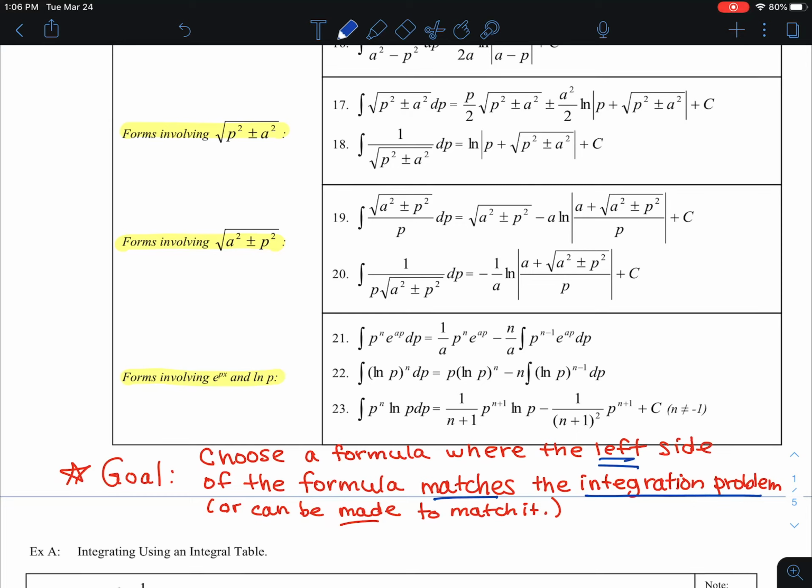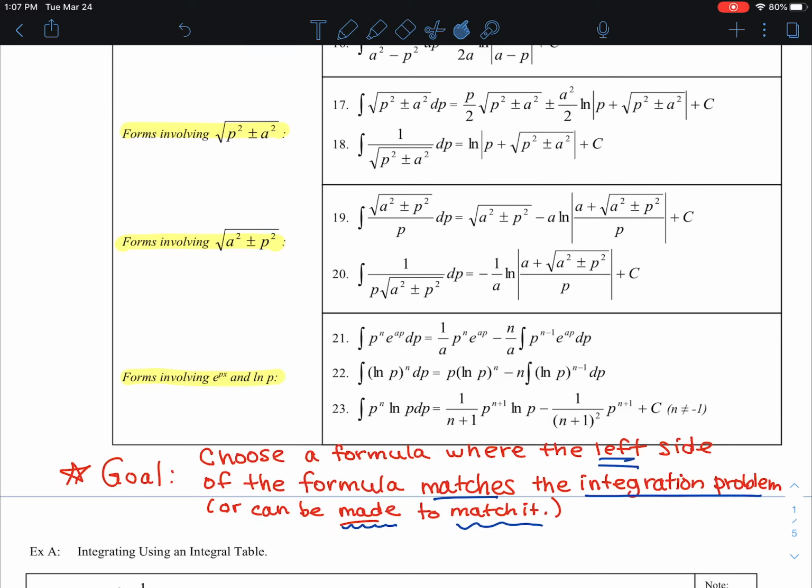And for the problems we're going to look at today, I think it's going to be pretty easy to find which formula matches your integration problem. It will progressively get more difficult in later lessons, where if it's not a perfect match, we're going to learn how it can be made to match, even if it doesn't look like an exact match at the beginning.